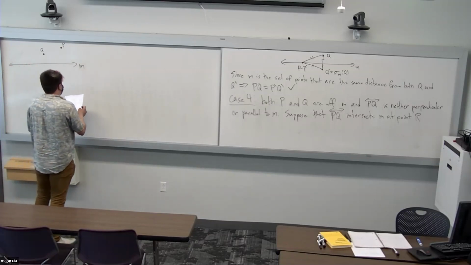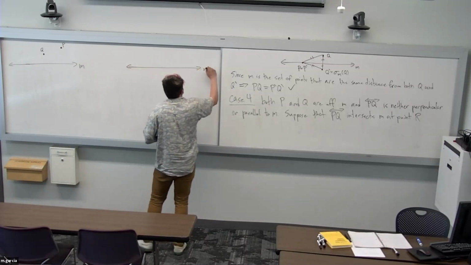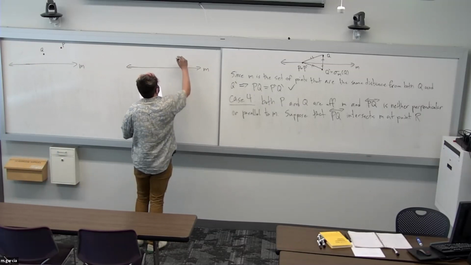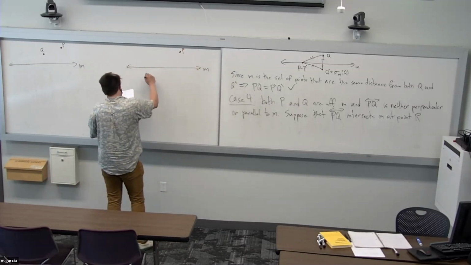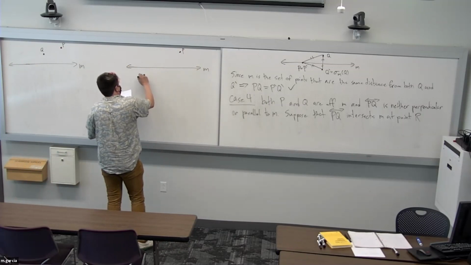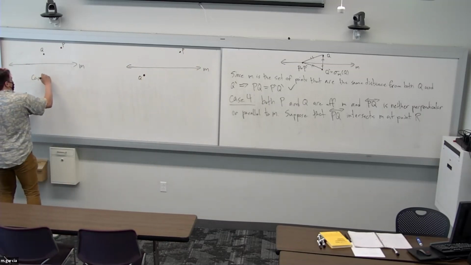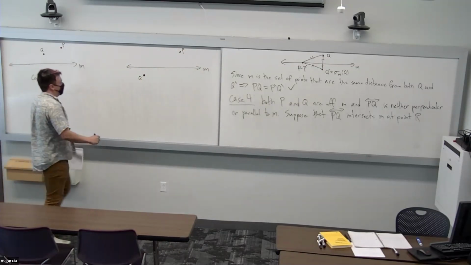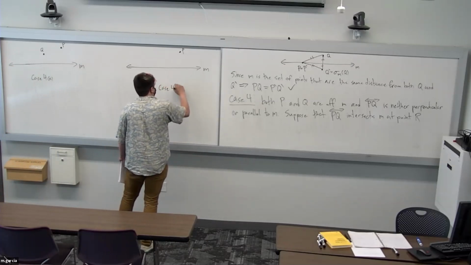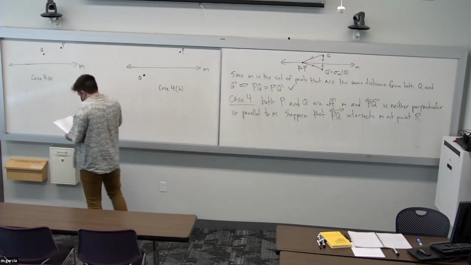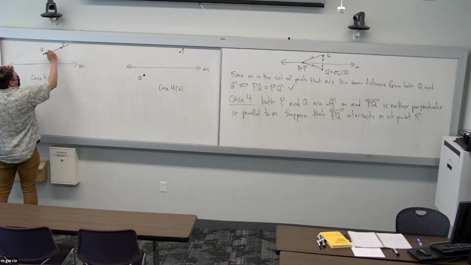Okay, and then in the other case, let's say I have P here and Q down here. So case 4A and case 4B. Okay, so I draw this line.